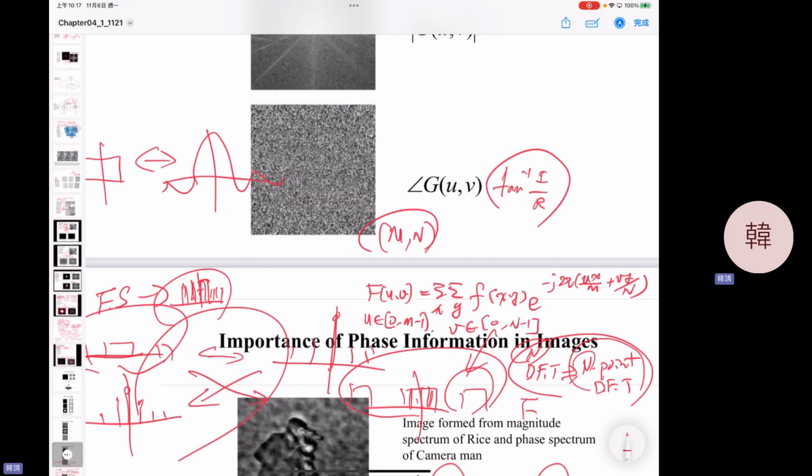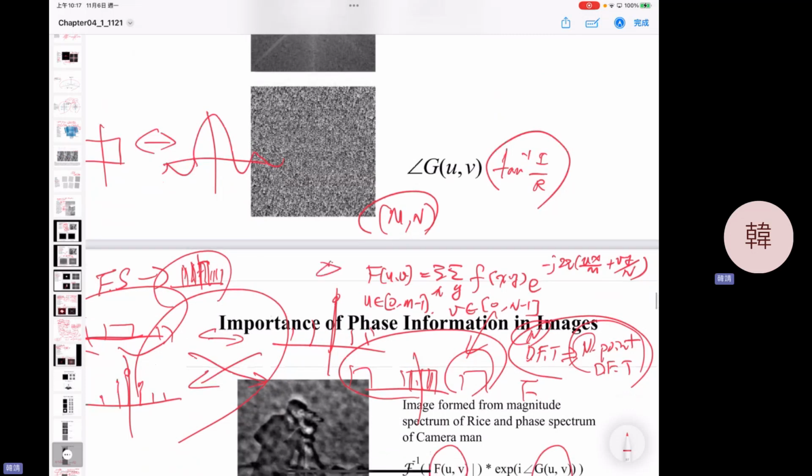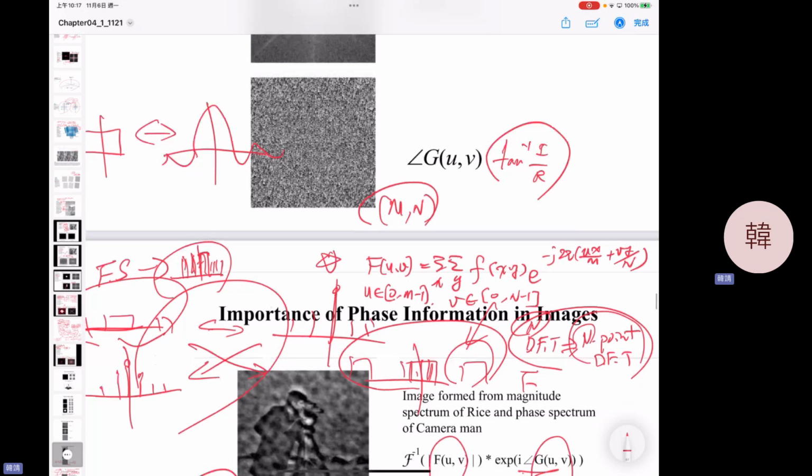So you have an M by N image in the spatial domain, a discrete image, and you also have a Fourier transform, a digital frequency spectrum. This is our story for the Fourier transform.